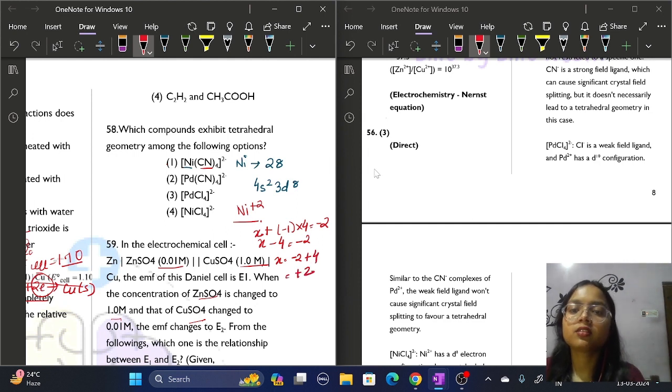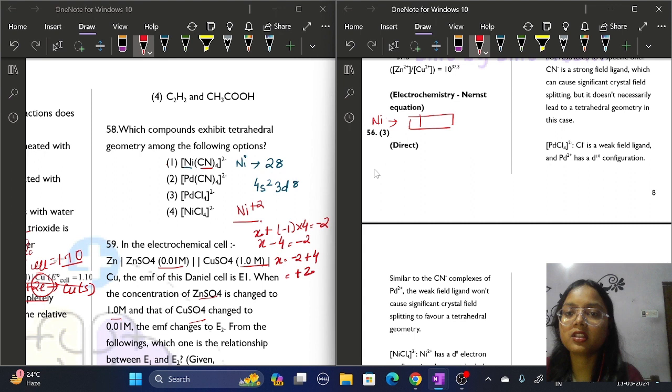So let's draw nickel's ground state configuration first, which is 3d, 4s, and 4p. For nickel, it is 3d8, so 1, 2, 3, 4, 5, 6, 7, 8, and 4s has 2 electrons.